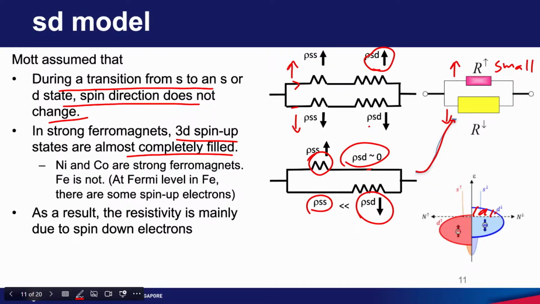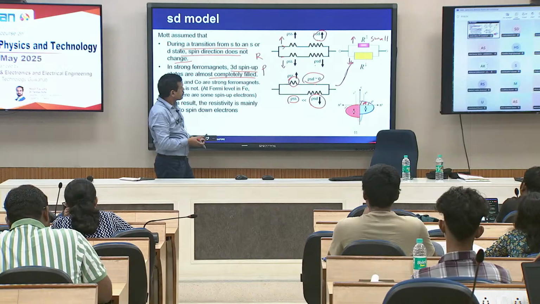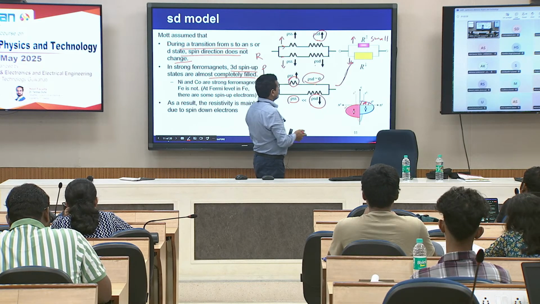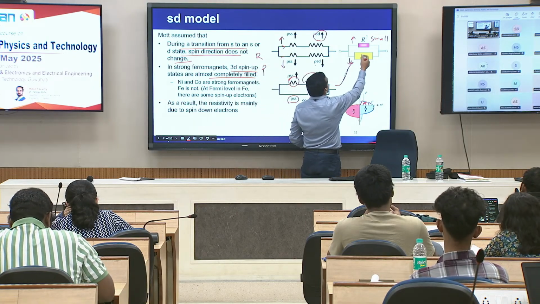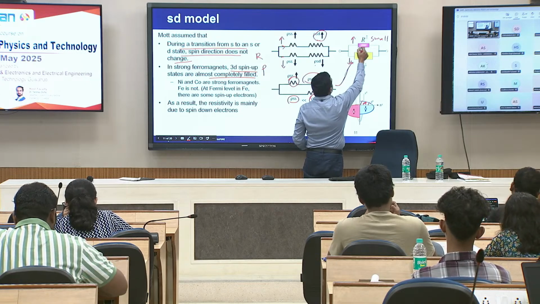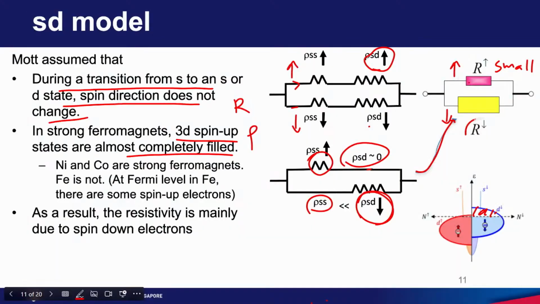In the discussion later I may use resistance or resistivity. Both mean almost the same thing except for the area, length and things like that. Okay. So, this resistance is much larger. You can see that the spin up electrons have a smaller resistance and spin down electrons have a larger resistance. Spin down electron gets scattered more.